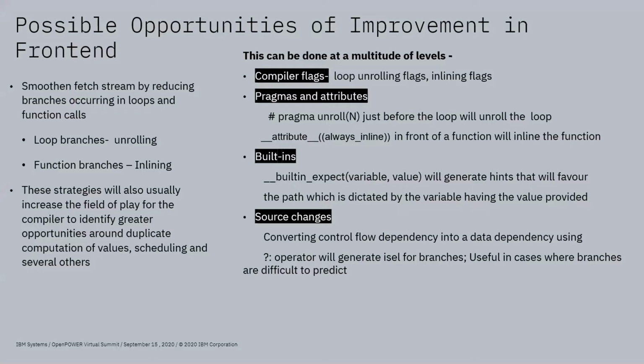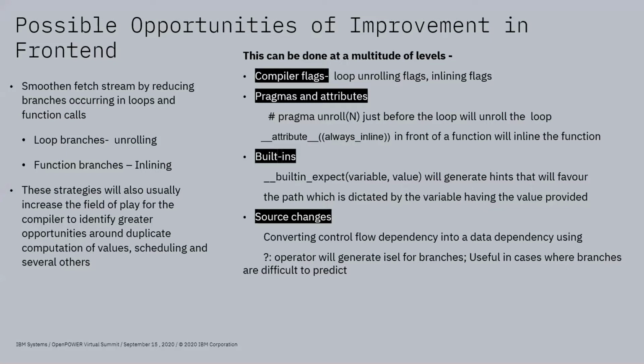Now, in what ways can we enable this? There are different compiler flags, which we will see next, that you could use to essentially enable unrolling and inlining. You can use pragmas and source attributes to specify at the language level if you want to specifically unroll a particular loop or specifically inline a particular routine.